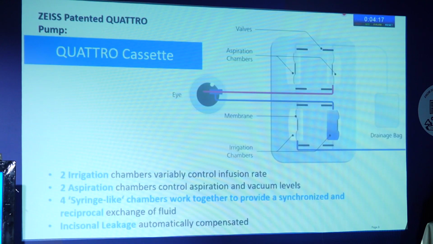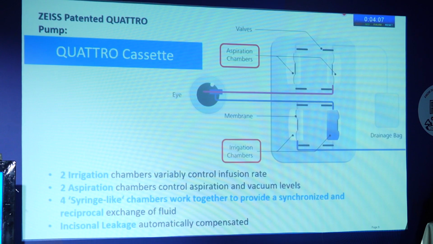Once you go to the cassette, you can also see that there are 4 chambers, out of which 2 are irrigation chambers and 2 are aspiration chambers. These chambers have a membrane, and this membrane is controlled by the air coming in through the pneumatic port.